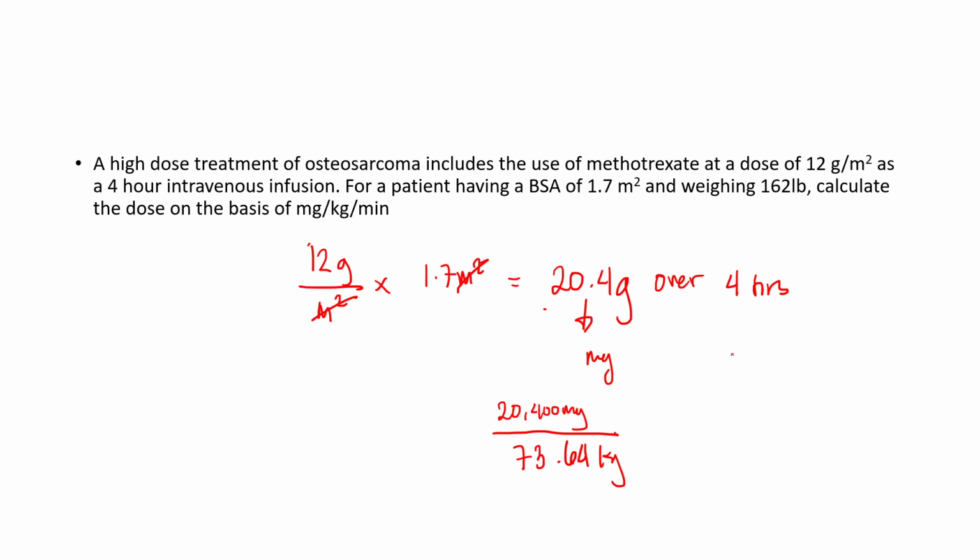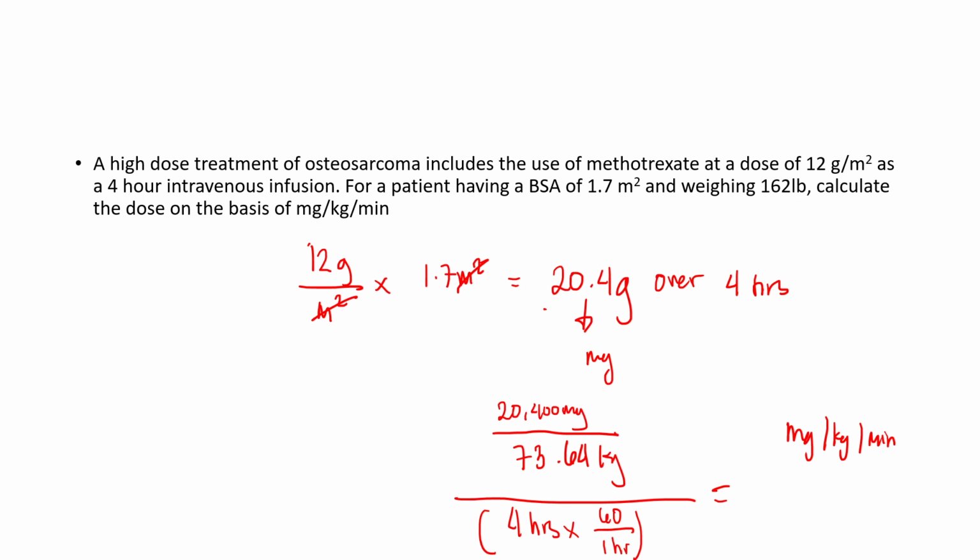Then over 4 hours. But since the problem is asking for minutes, 1 hour is 60 minutes. So this is actually 4 times 60, 240. So in the end, we would get the correct units: milligram per kilogram per minute.